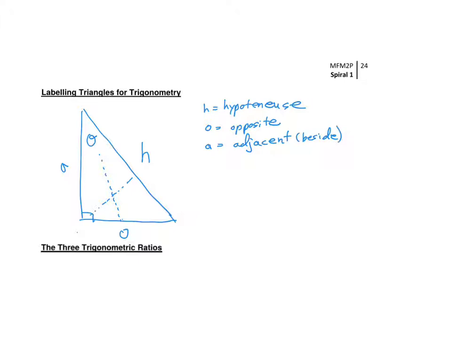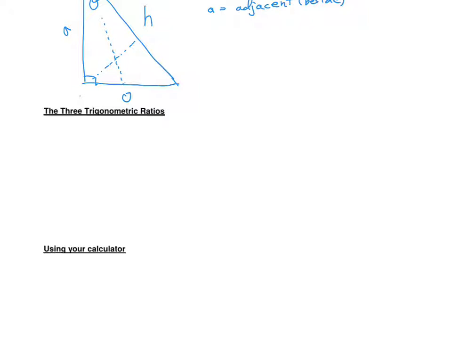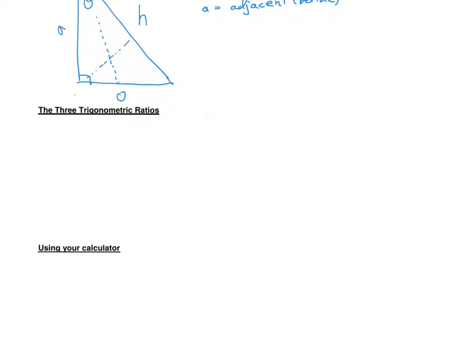Okay, so now let's talk about the three major trigonometric ratios. Sine gives us the equation sine of theta is equal to the opposite over hypotenuse.